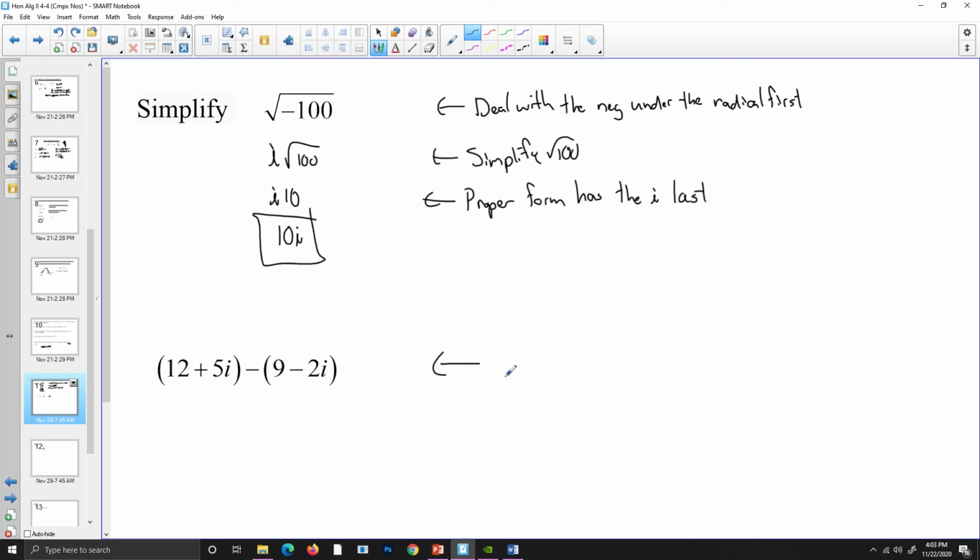For this one, we are going to add the real parts and the imaginary parts. In previous lessons, we called that combining like terms.